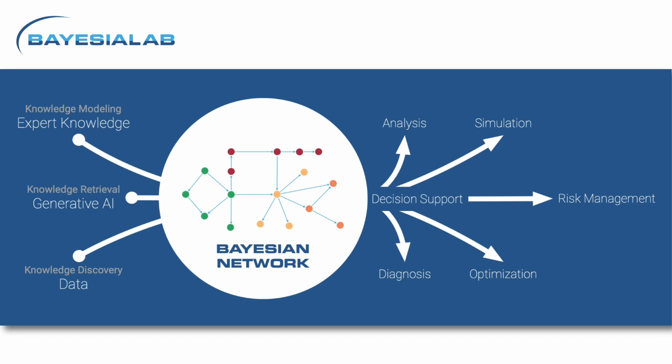And this is what the previous iteration of this diagram showed. What's new in this chart is that BayesiaLab can now also tap into generative AI and retrieve any available knowledge. For that, we have developed Hellixia, BayesiaLab's new subject matter assistant, and GenAI Partner.